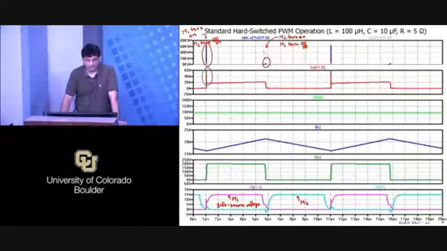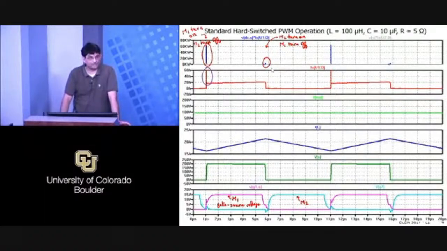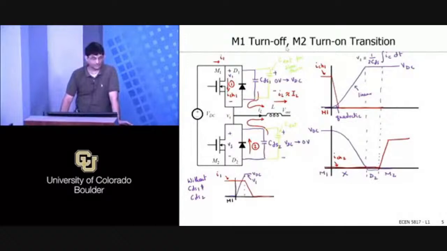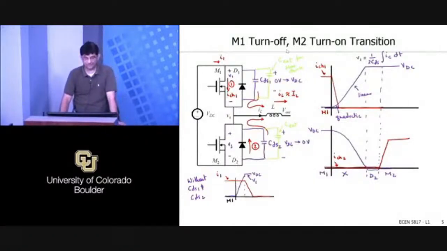Last time we focused on that, and it turned out that was not really a lot of energy loss, because that was really energy going into the output capacitors, or capacitances associated with M1 and M2. So we looked at that transition, and this was M1 turning off. This transition wasn't bad in the first place in terms of the amount of energy involved.